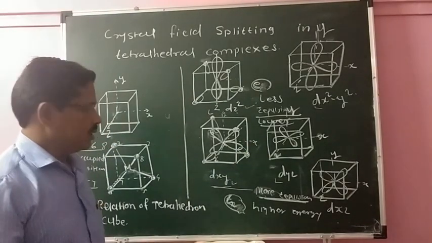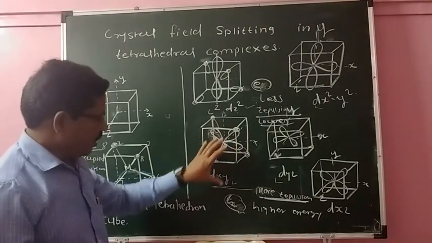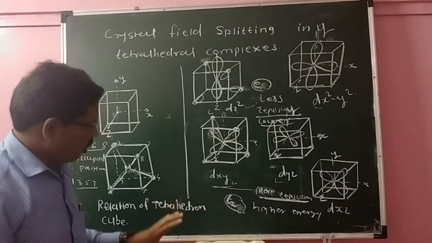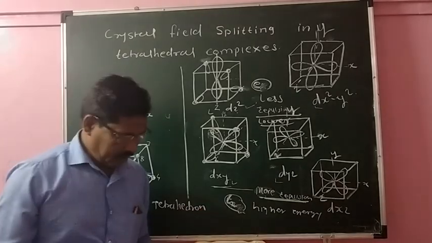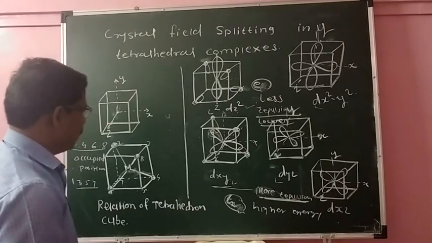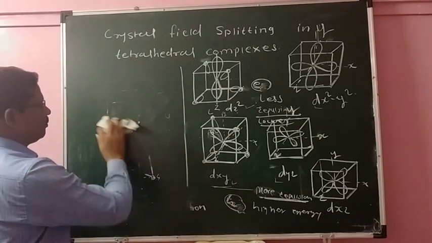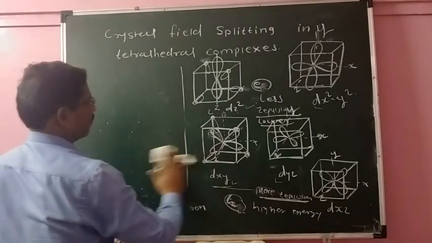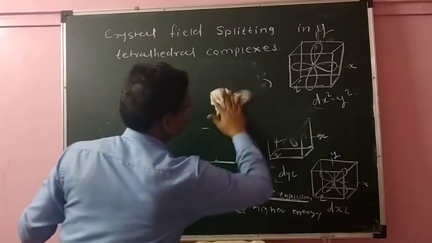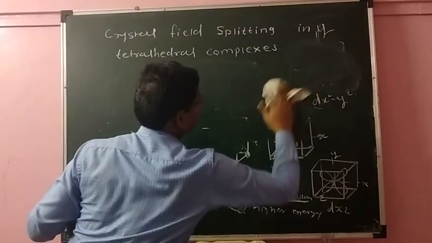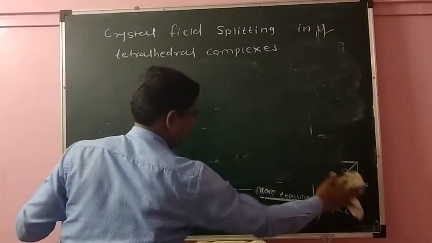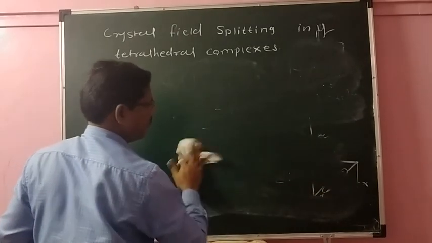Therefore, the splitting of the orbitals in tetrahedral complexes is divided into two sets.